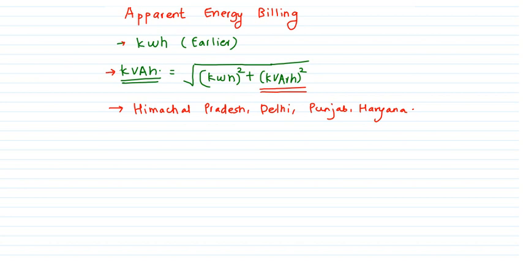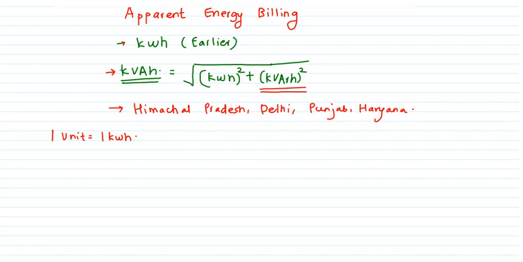Okay. So as we were understanding that 1 unit of energy is 1 kWh, probably this definition we have to change after some years. Putting a penalty for leading power factor is the first step towards kVAH in Maharashtra.